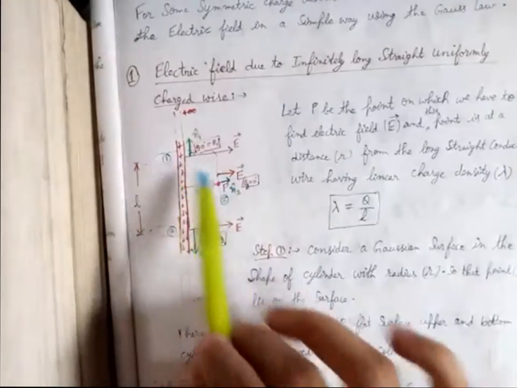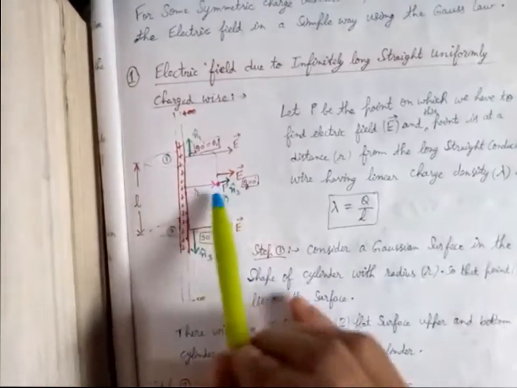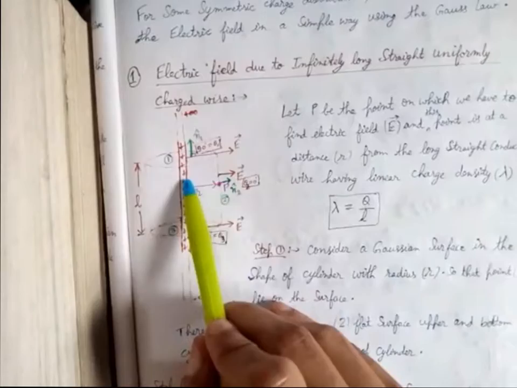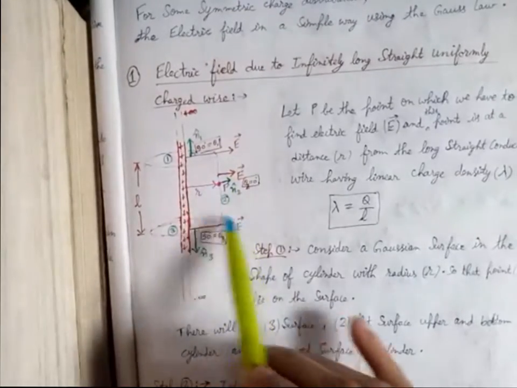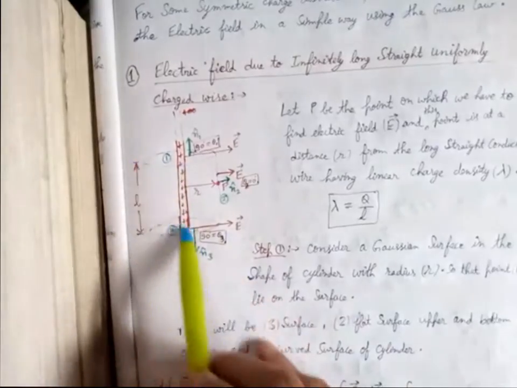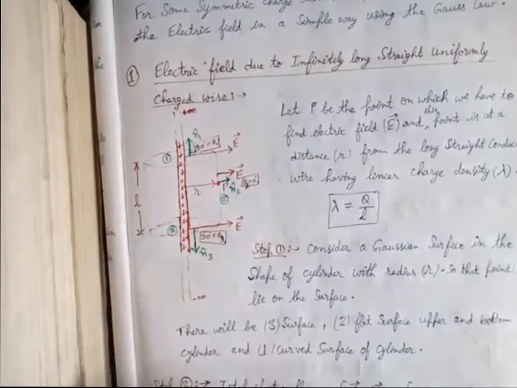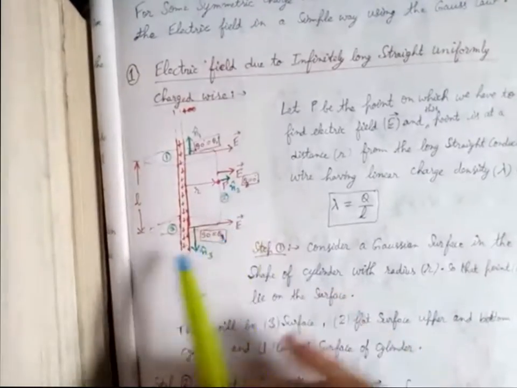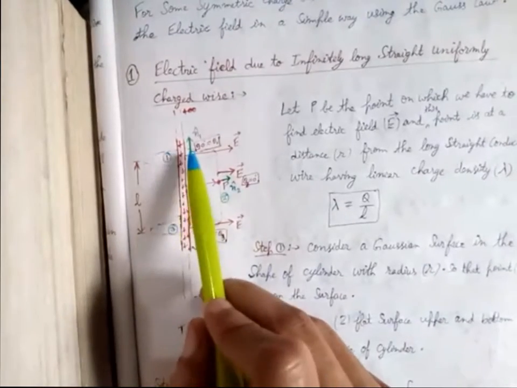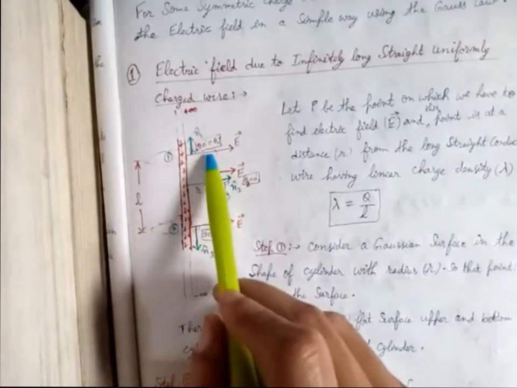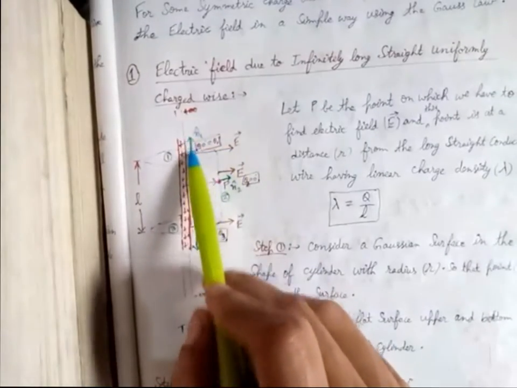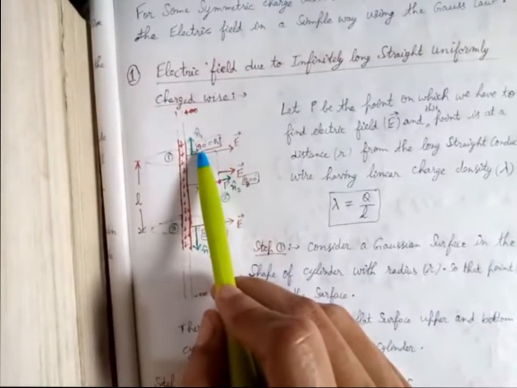So there are three surfaces, and the electric field will be along this direction on this side of the surface, and along this direction on the other side. In surface 1 the unit area vector is in the upward direction, and the angle between the electric field and the unit area vector is 90 degrees, that is theta 1.